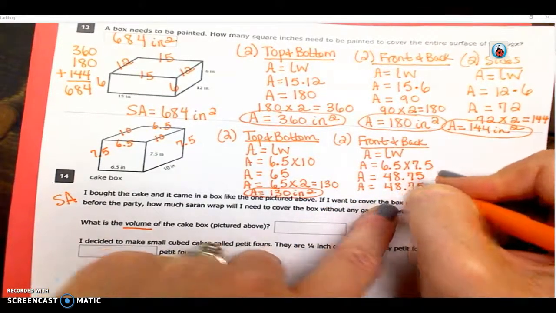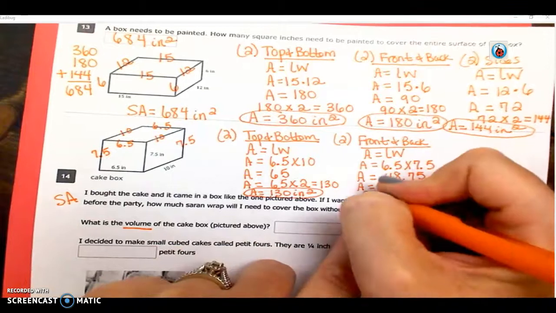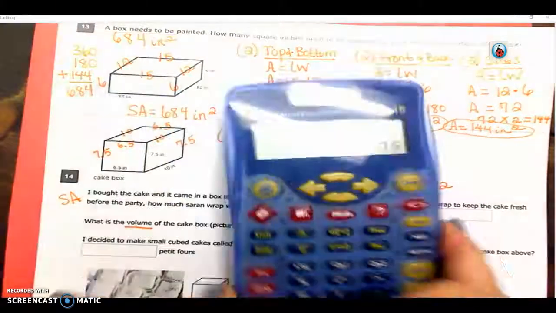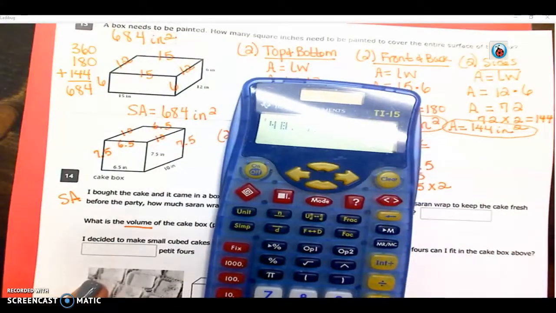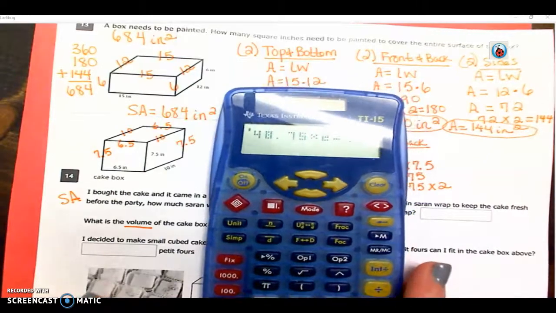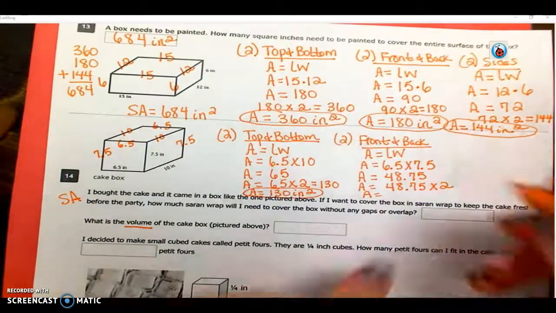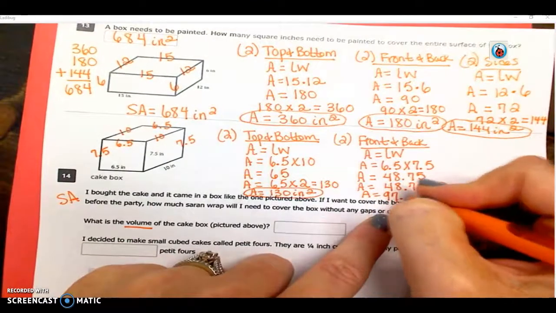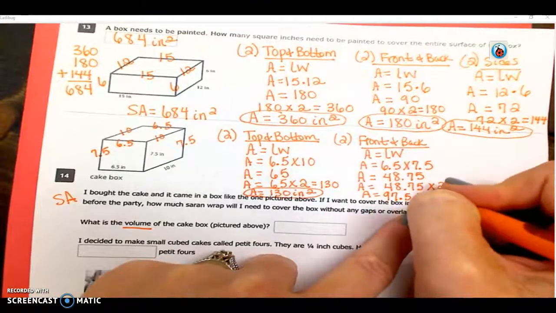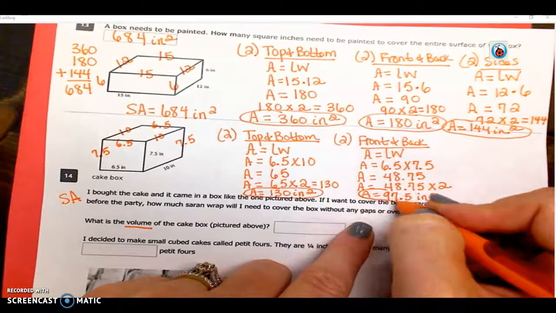We have 48 and 75 hundredths times 2. As you can see, we get 97.5. So the area is 97.5 inches squared. So that's going to be the area of the front and the back.